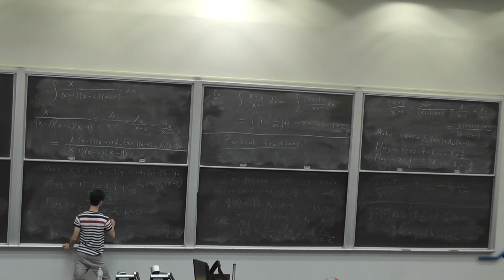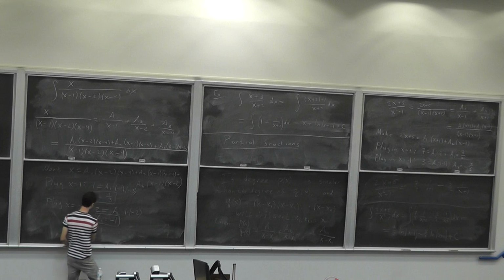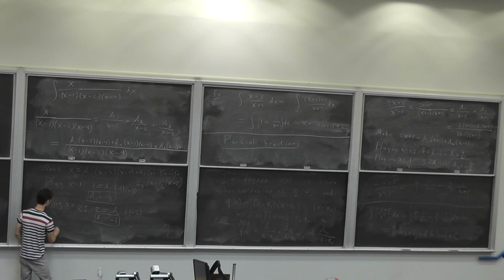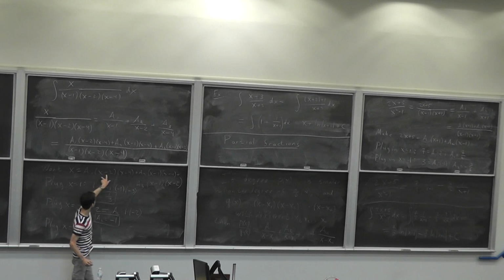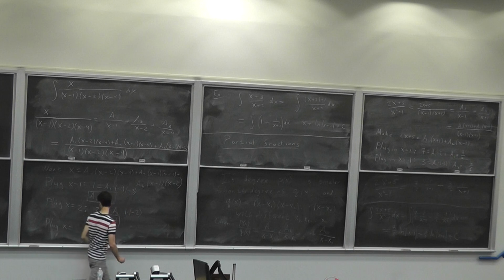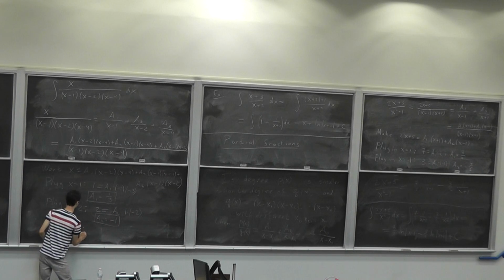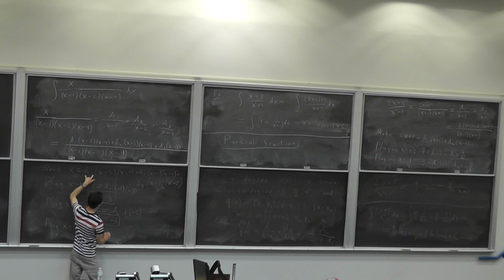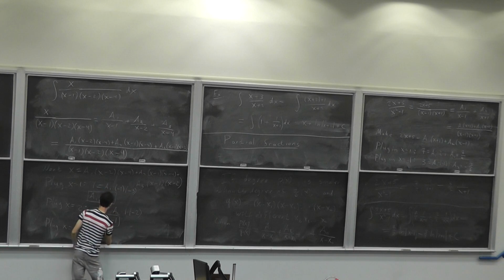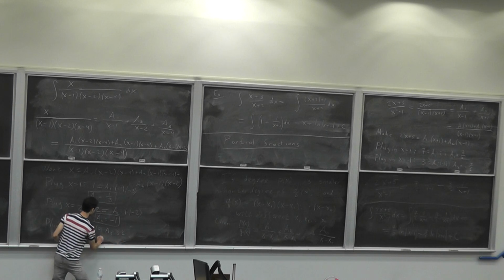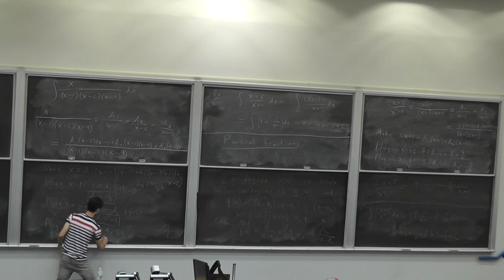So A2 is negative 1. Finally, for A3, I will plug in something that makes this 0 and this 0, which is x equal to 4. 4 is equal to A3 times 3 times 2, so A3 is 2 thirds.